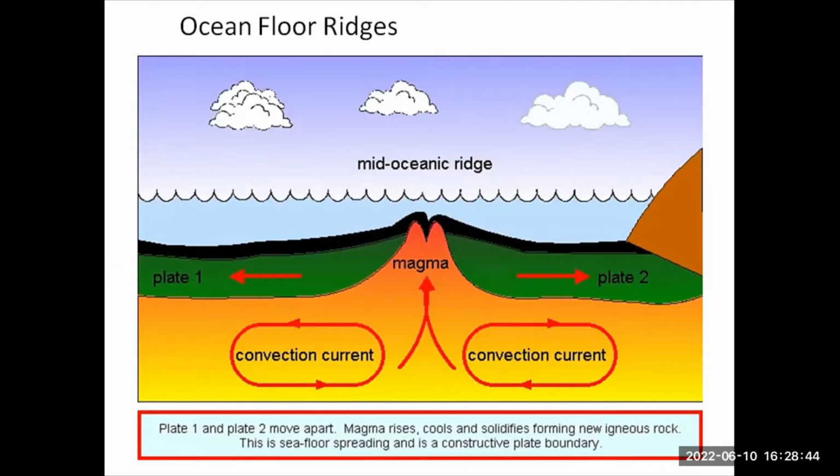So this is the basic idea explaining these mid-ocean ridges and the movement of the plates. This is the force which is driving the movements of the plates. It can actually then be related to the radioactivity inside the Earth.